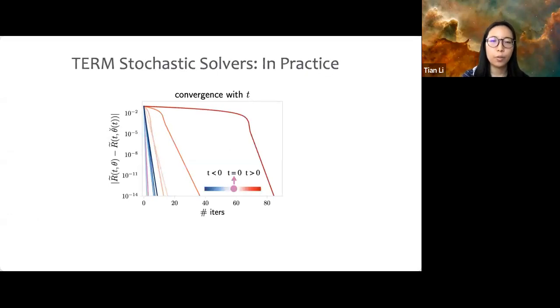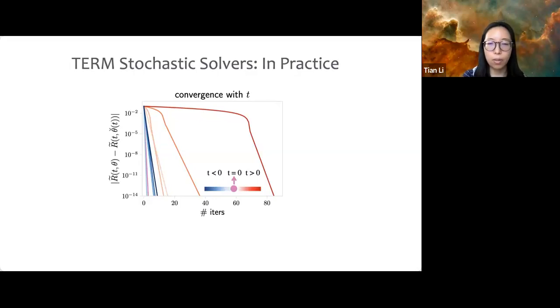Yeah, so we run on some synthetic data sets. We look at the convergence of t as the number of iterations. So here, when t goes to positive infinity, we are using some red lines, and then for negative t's, we're using some blue lines. It's the same as before. And we see that the purple line corresponds to the convergence of the ERM objective.